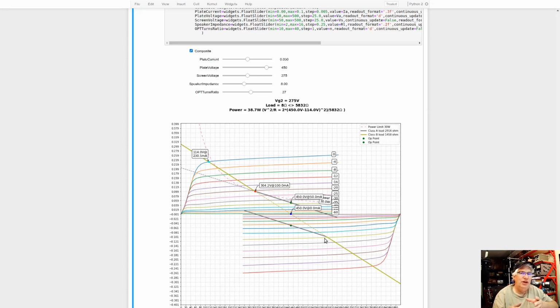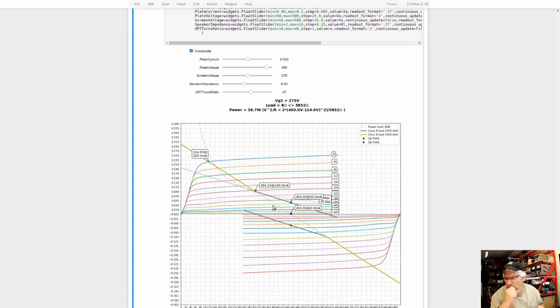Or the output transformer, transformers wound for guitar amplifiers, they wind them so they're less expensive. And so what's going to happen is this line is going to do some weird things as it works its way through, but ultimately having one tube work a little bit differently than the other is not a bad thing on guitar amplifiers.